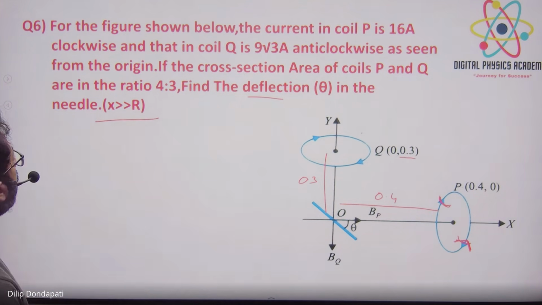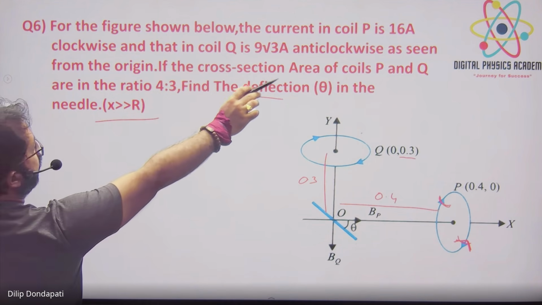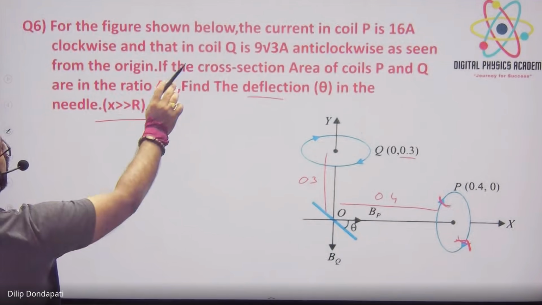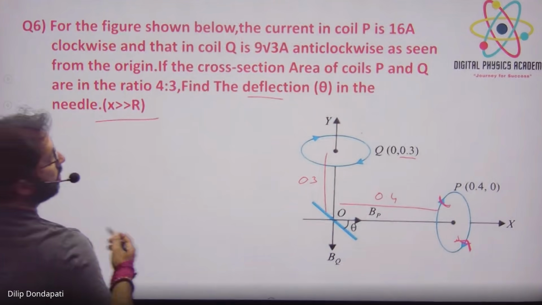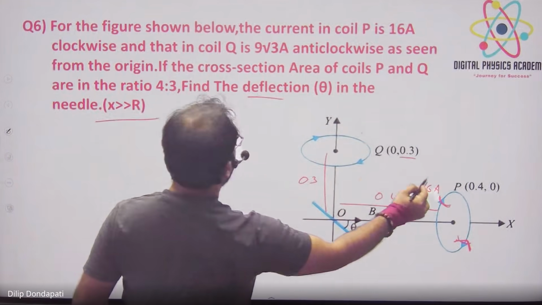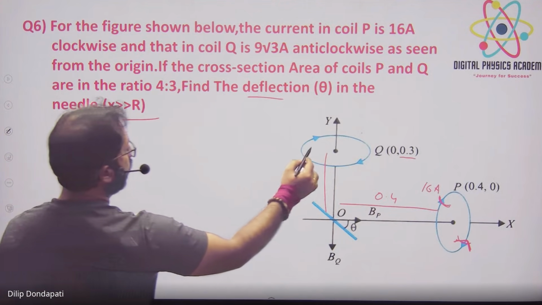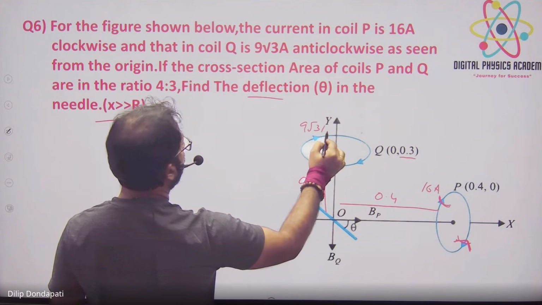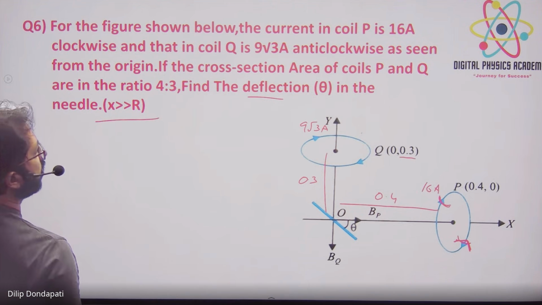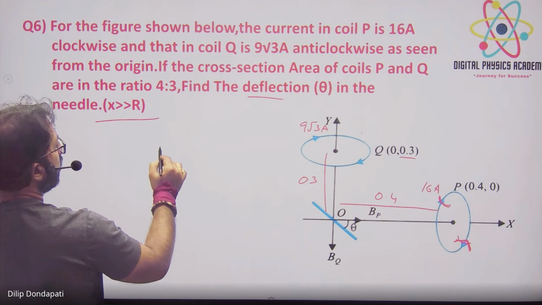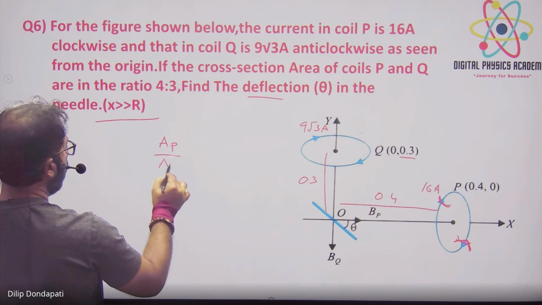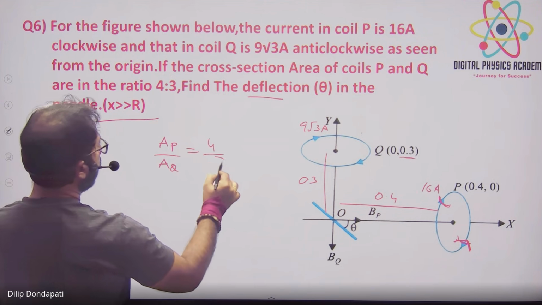Now he has given one thing: the current is 16 amperes in the P coil. In the P coil 16 amperes current is flowing, and how much current flows in this one? 9√3 amperes. As seen from the origin, the cross section is given as AP by AQ is 4:3.